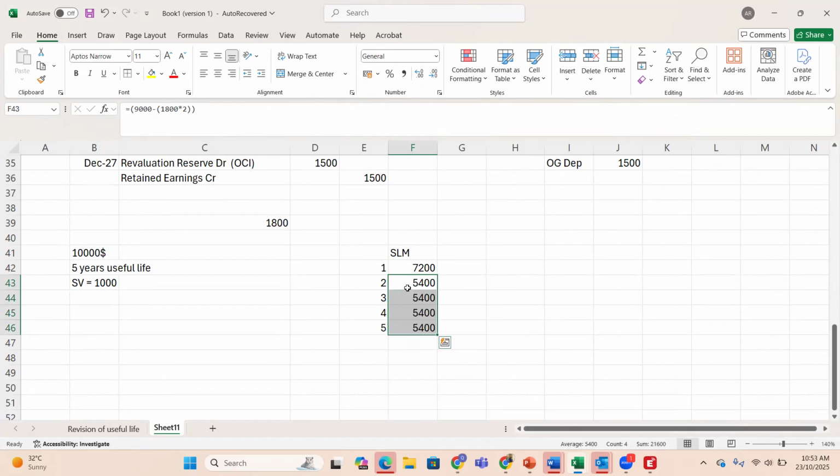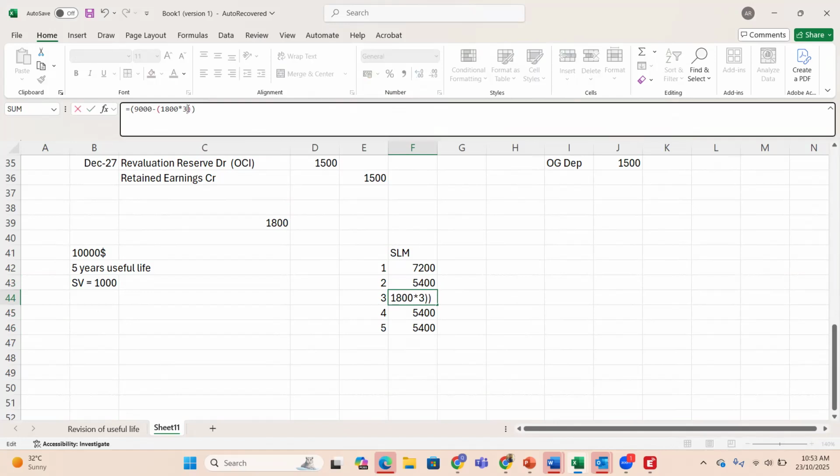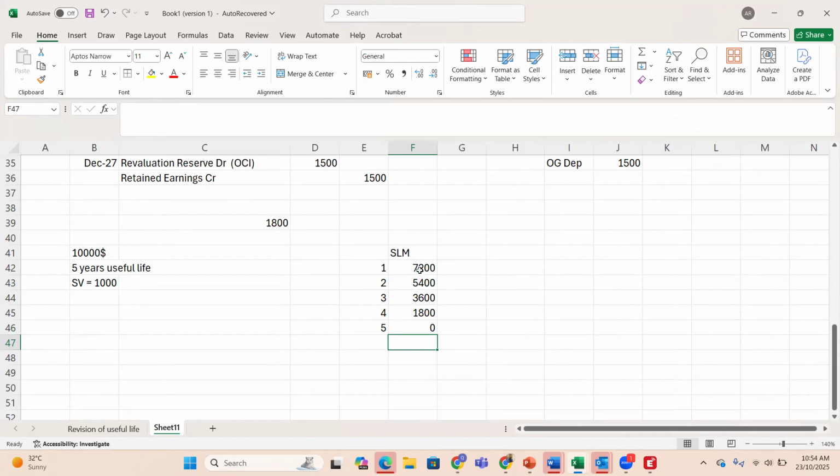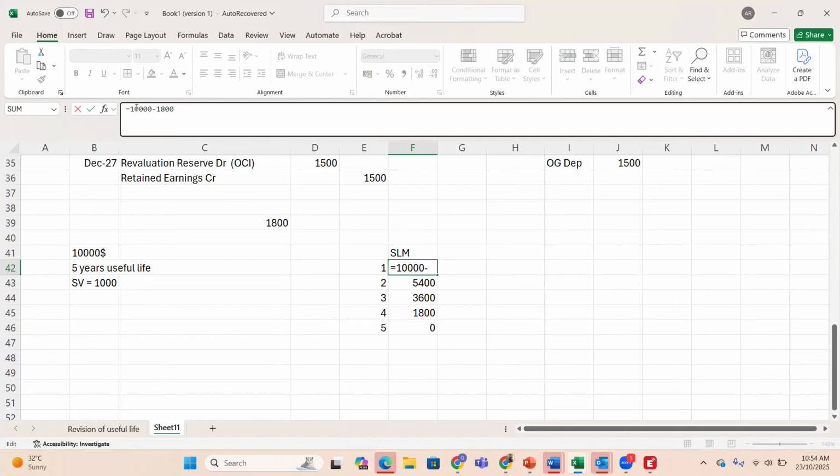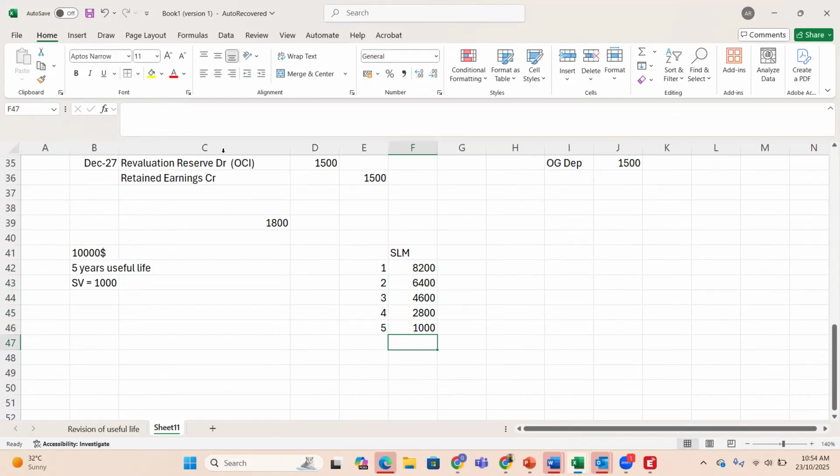And we will do 3, 4, 5. At the end of year 5, 1,000 is the scrap value.